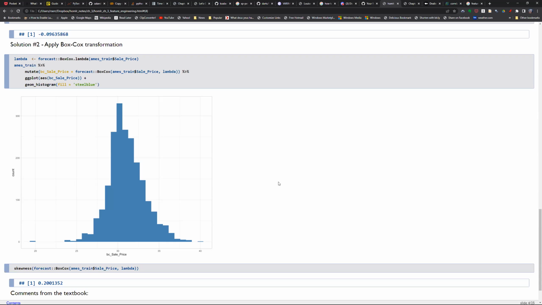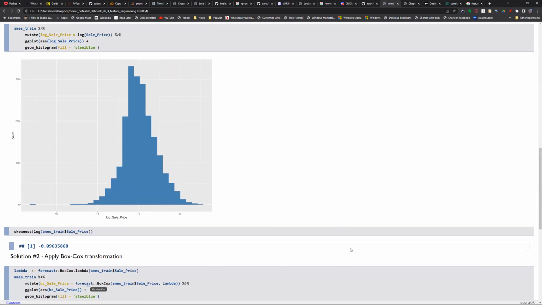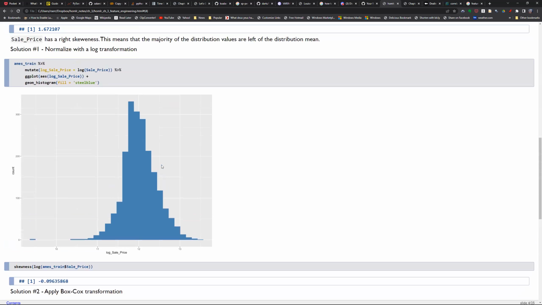So for negative values, definitively, if you have to transform that target, you need to use this one, Yeo-Johnson. It is the one that really can handle negative inputs. Or you could change the range of that target so that all of them are positive.